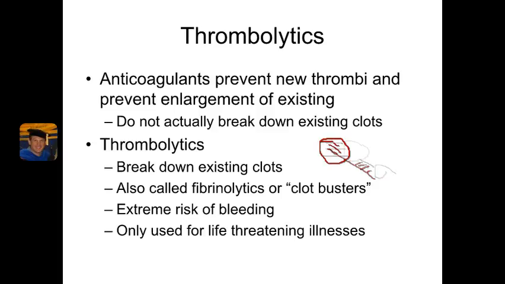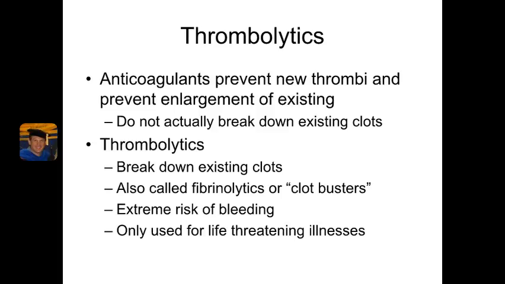Those cross bridges are fully formed at about 2 hours. So by the time you get to 2 hours after the clot forms, it's much, much harder to cut than if you cut it early on. So thrombolytics are going to dramatically reduce their effectiveness after 2 hours. In order to have maximal efficacy, 2 hours.